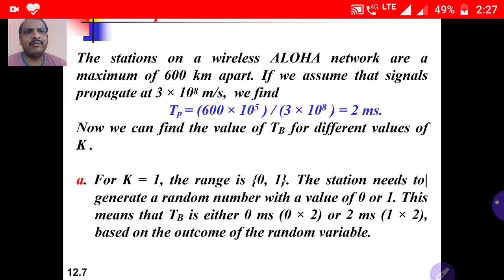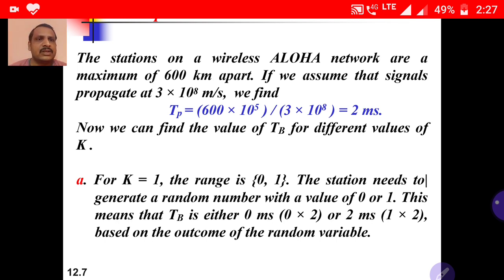Now, the k value is initially 0 as per the previous backoff procedure. Now k will be iterated until it succeeds. If it succeeds in the first iteration, no problem, this is a straightforward case. If not, k will be iterated, k will become 1. In this case r becomes 0 or 1.